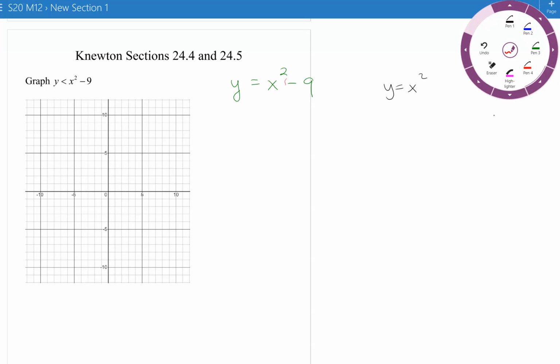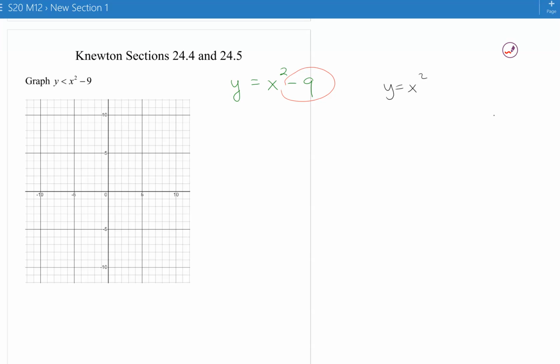But then you have shifted it down 9. So you can see when x is 0, y is negative 9. And hopefully you can see that when y is 0, x is plus or minus 3. So we can draw our parabola.